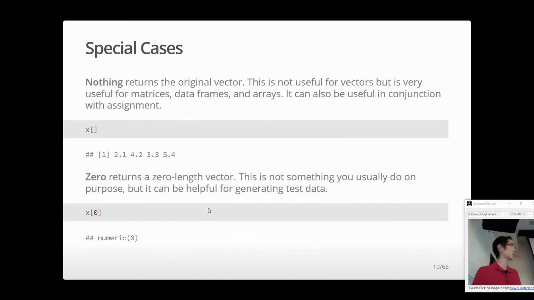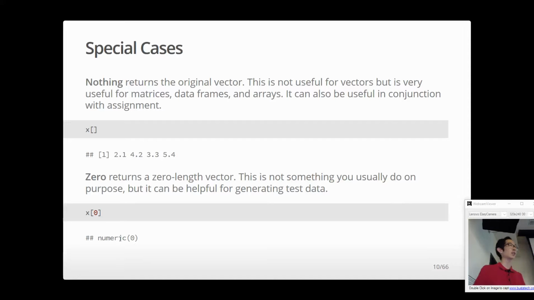Special cases: if you put in nothing, x bracket and nothing inside, it'll just return the entire vector. And if you put in 0, element 0, it's going to give you NULL. But there are different types of null, like an integer null and a character null.